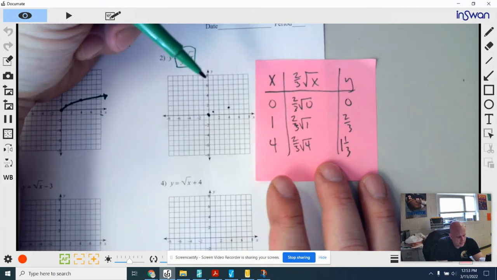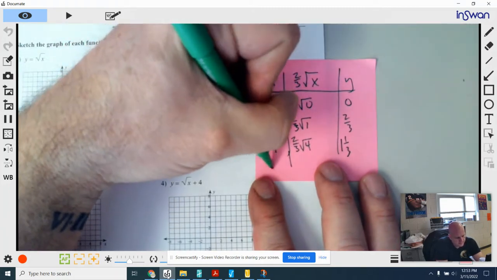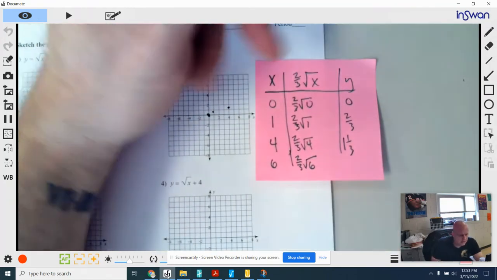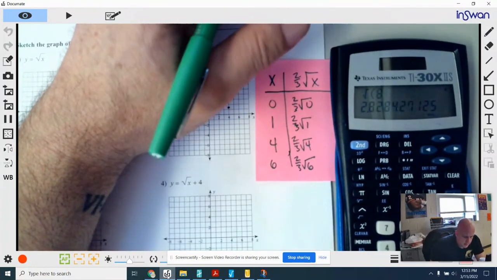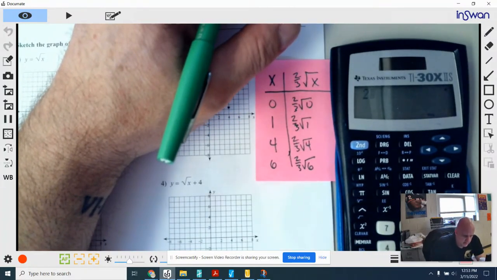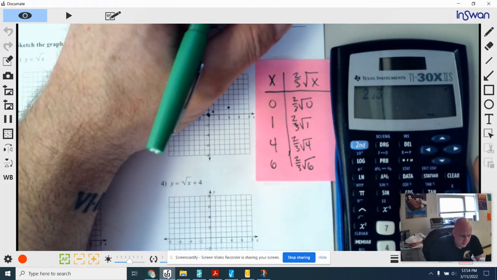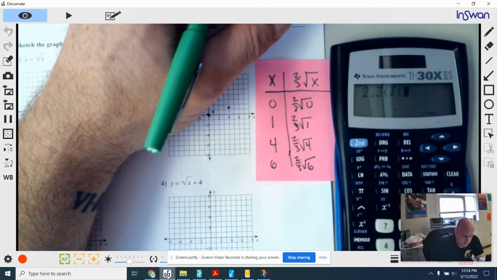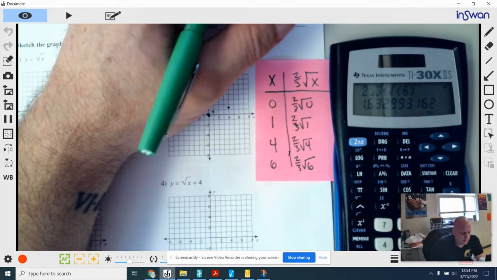All right, let's get another point in there. Let's try 6. So 2/3 times the square root of 6. That's going to be kind of messy here. So I'm going to enter it like it says, 2, ABC 3, and then I'll put parentheses for my multiplication. Square root 6, closing parentheses, and I get about 1.6.